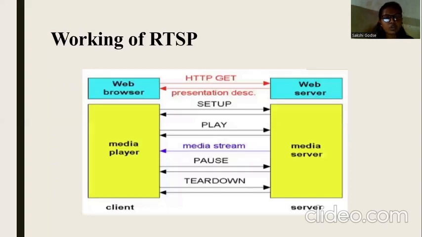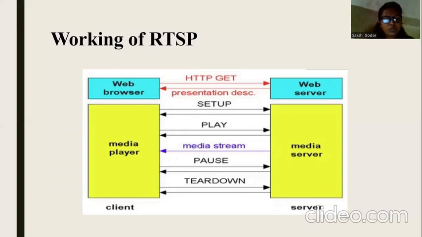Here is the working of RTSP. Before the client can establish a streaming session, it somehow has to get a session description from the web browser or web server using the HTTP protocol. According to the information in the session description, the client sends an RTSP setup request to the streaming server.